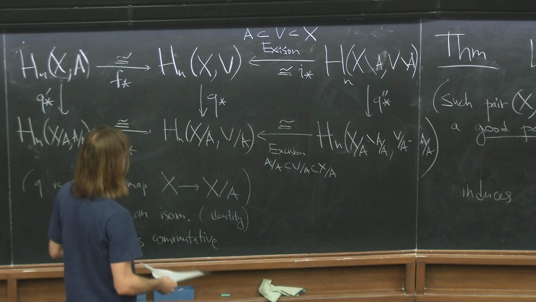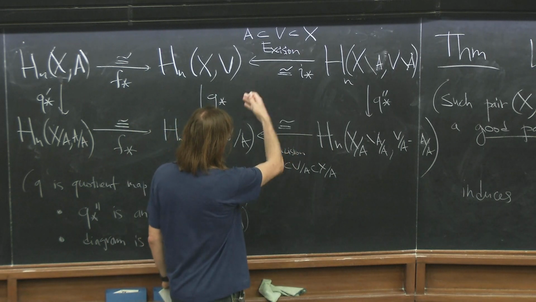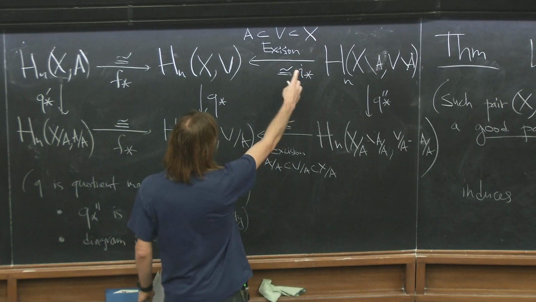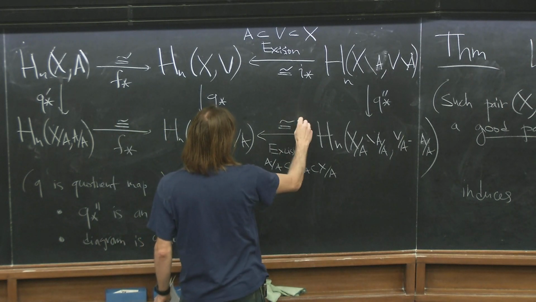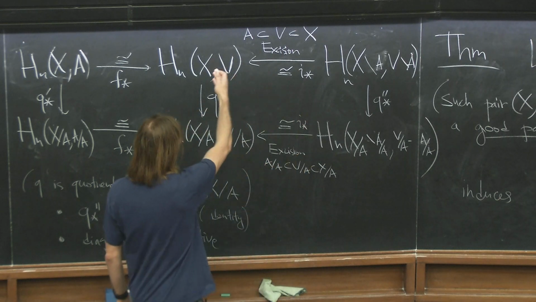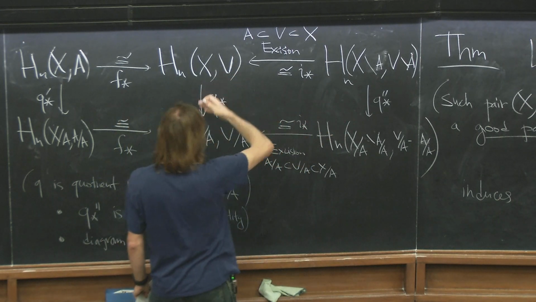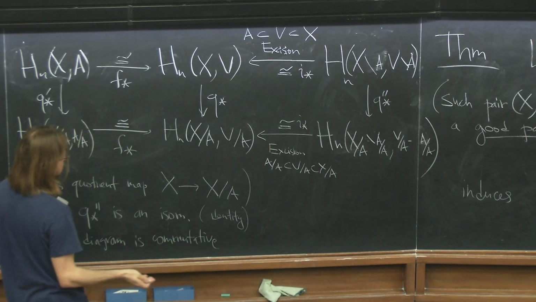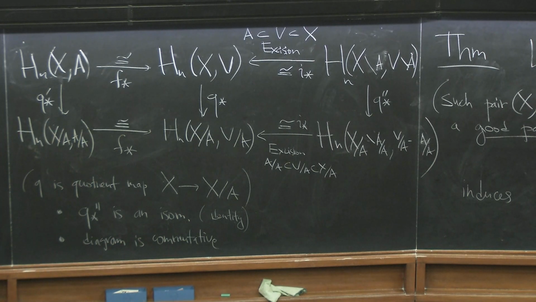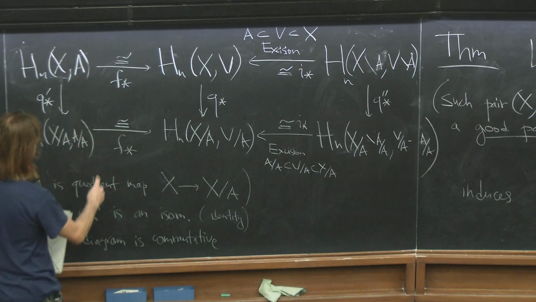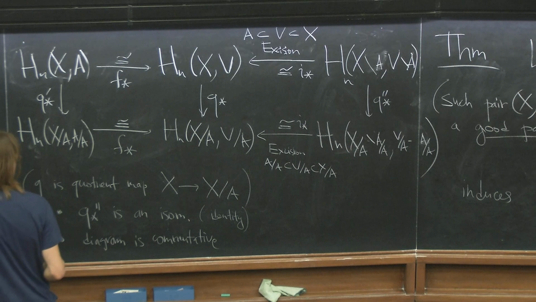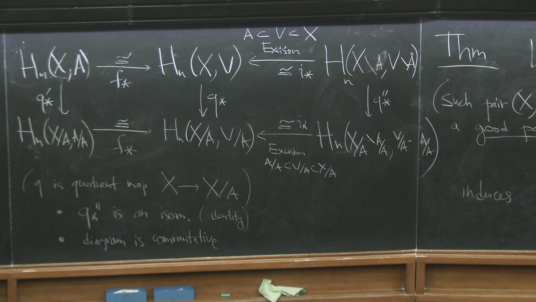Well, this is just because these maps here are induced by geometric maps defined in terms of topological spaces. These maps are induced by inclusion, and these maps are induced by the quotients. We know already that the corresponding maps of topological spaces, these quotients and inclusions, commute, and therefore the induced maps also commute. Here, these maps F star are not quite geometrically defined, so we have to think a bit about why this is commutative, but it's also more or less tautological.